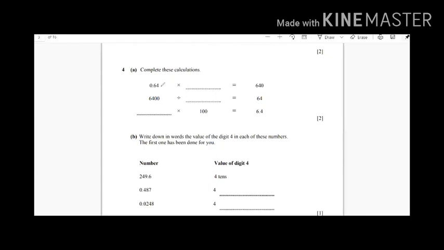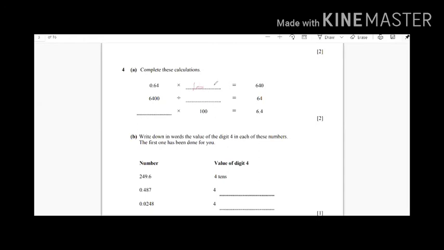If we go like this from the point, we go to the right side 3 times. So what will you multiply by here? 100. No, if you multiply by 100, it will shift only 2 decimals on the right side. So you have 1,000. Oh yes, 1,000.